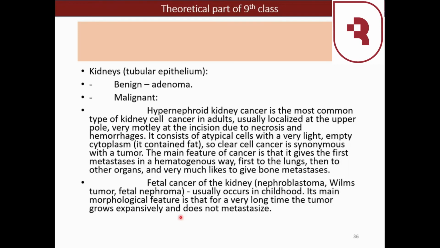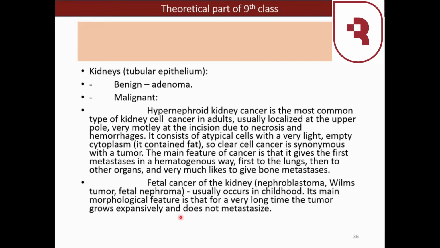Then they may give metastasis to other organs, and the second typical place for localization of metastasis is bones or bone tissue. So the typical places of metastasis of hypernephroid kidney cancer are lungs and bones.